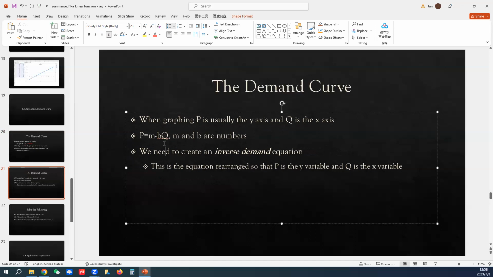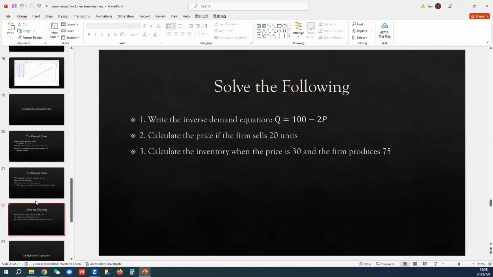This one is what we call an inverse demand. And in the next slide, in the following practice question, we are to experience the application and see the reason why we do this.